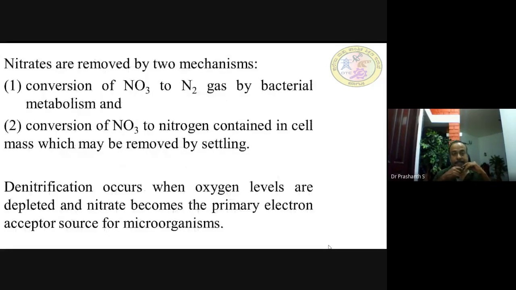Here, nitrates are removed by two mechanisms: one is the conversion of nitrate to nitrogen gas by bacterial metabolism, and the other is conversion of nitrate to nitrogen contained in cell mass, which may be removed by settling. Denitrification occurs when oxygen levels are depleted and nitrate becomes the primary electron acceptor for microorganisms.